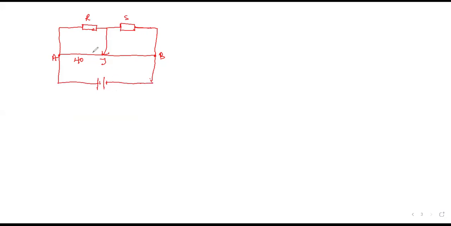So this is the circuit. When we have just R and S, the null point is obtained at 40 centimeters from A, meaning the remaining length will be 60.